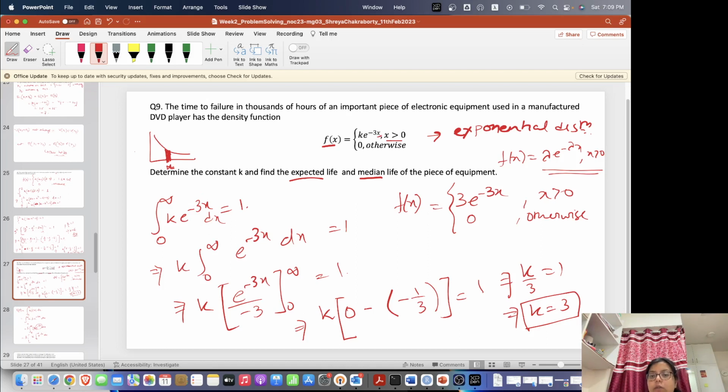X is the actual value of the function. This is x, and this is the graph of e to the power minus 3x. So x here is not the probability, it is actually the time to failure. That is x. Is it clear?